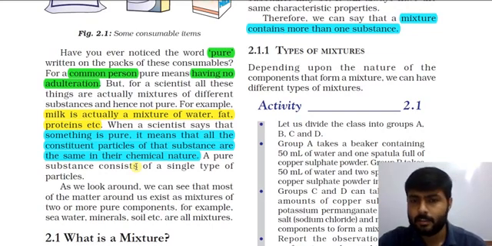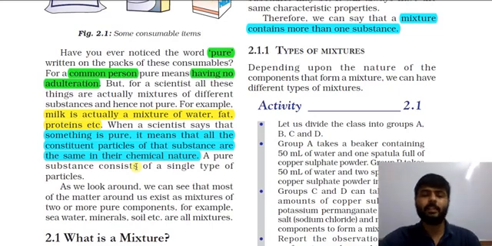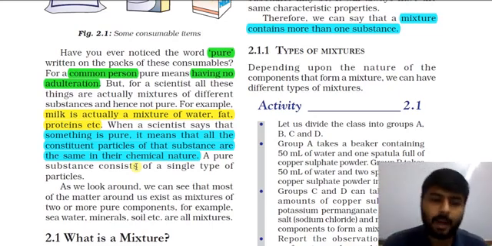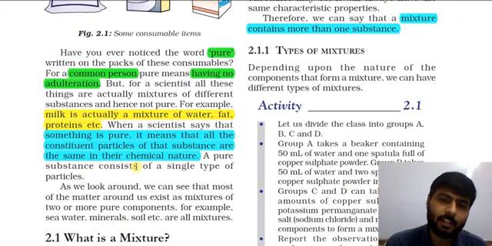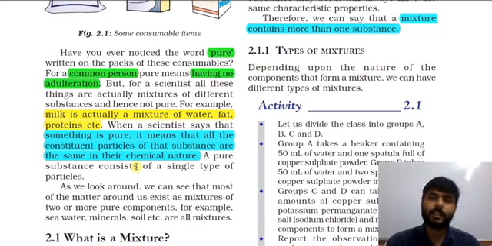So in pure matter, the chemical properties of each and every particle should be the same.